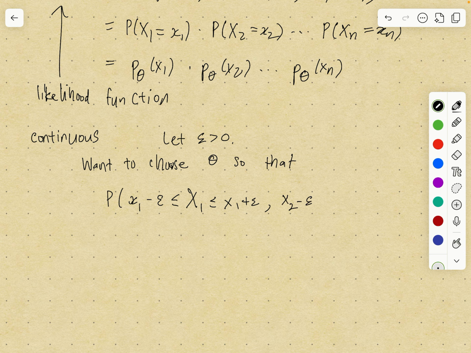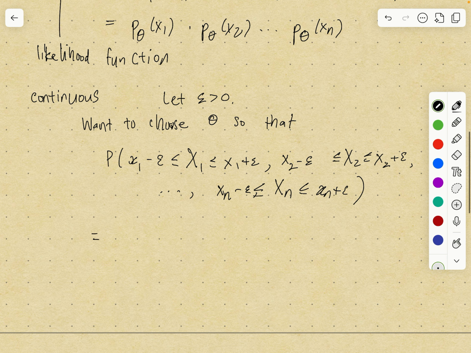So capital X2 should be between little x2 minus epsilon and little x2 plus epsilon, all the way to little xn minus epsilon is less than or equal to capital Xn, which is less than or equal to little xn plus epsilon. So instead of thinking about what's the probability that the Xi's are equal to little xi, which would be 0, we just have some small epsilon, and we think about what's the probability that capital X1 is within epsilon of little x1.